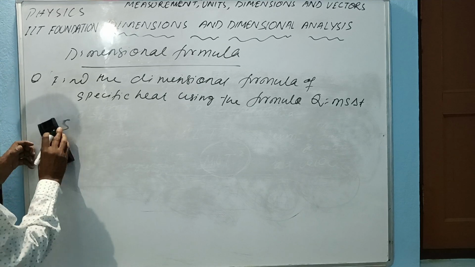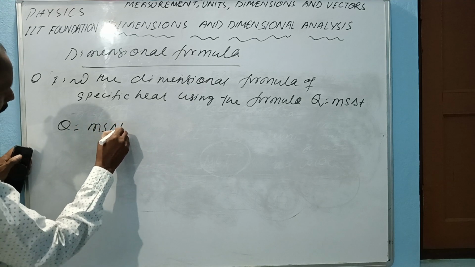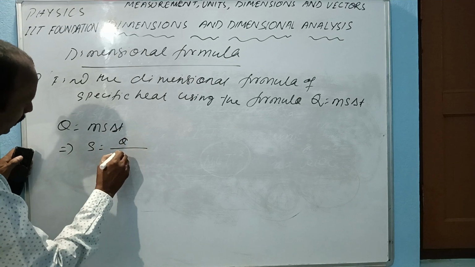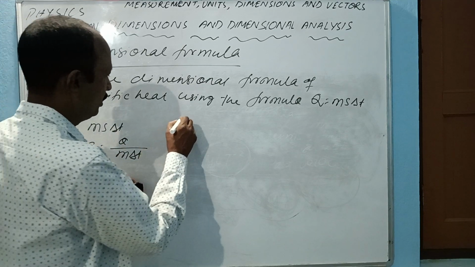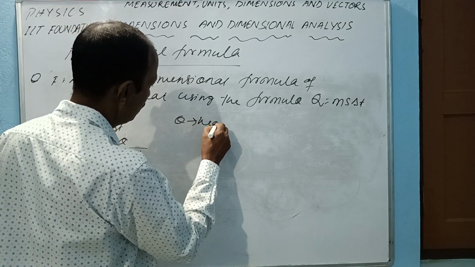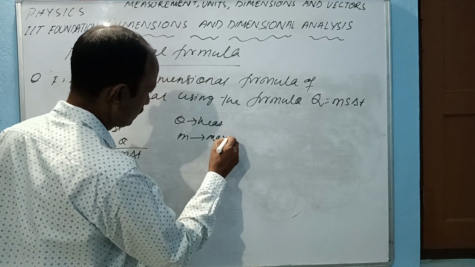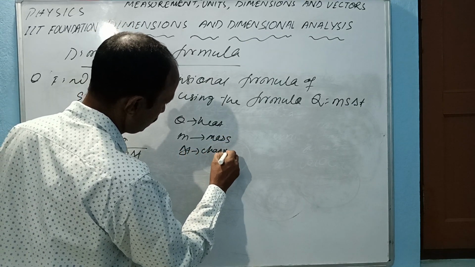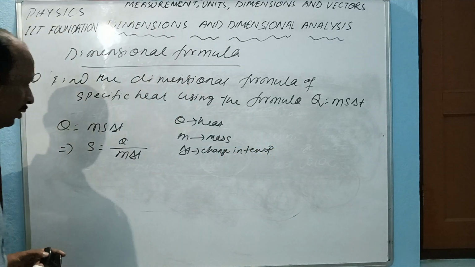I am writing Q is equal to m s delta T, implies that S is equal to Q by m into delta T. I said already Q stands for heat, m stands for mass, delta T stands for change in temperature.